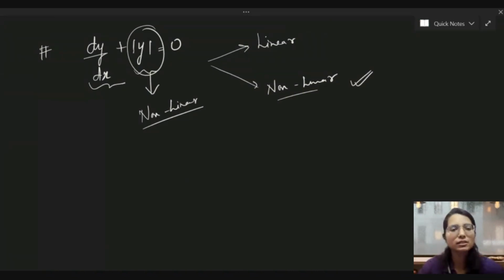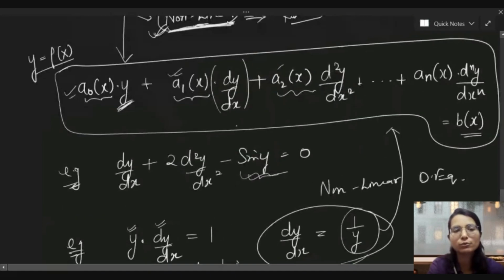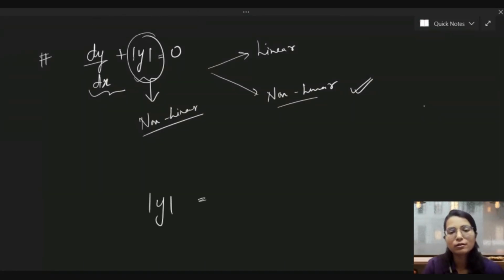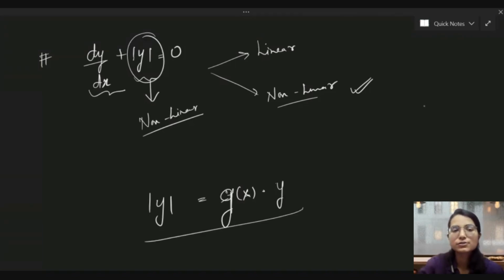Even if you're not able to compare it with the original form, you will call it non-linear because the original form doesn't contain any modulus function. And you can't separate mod y as some function of x into y. You can't do it like this. So mod y is a non-linear function.